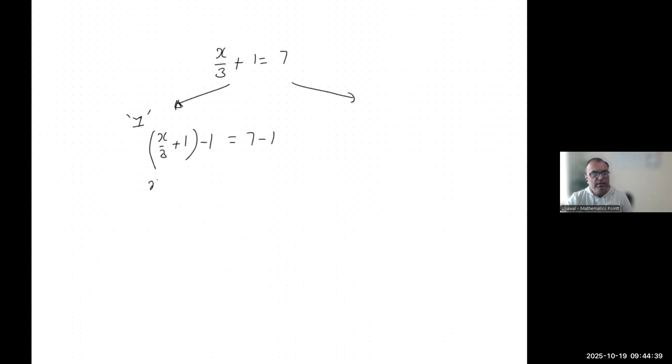So x over 3 plus 1, take away 1 equals 7 minus 1 is 6. 1 gone, and you have x over 3 equals 6. And now I'm going to multiply 3 on both the sides, and you have x equals 18.